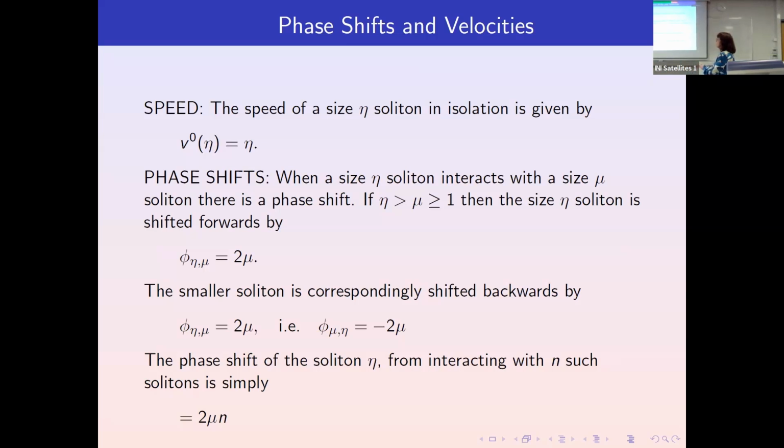The bigger soliton is phase shifted forward by 2 mu. The smaller soliton is phase shifted backwards also by 2 mu. Okay. So if I have n solitons of size mu, and this soliton eta goes past them because it's bigger, it's phase shifted forward literally just by n times 2 mu. So the relationship's very, very easy.